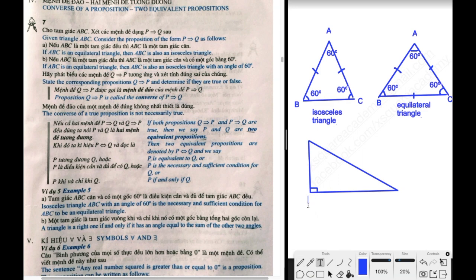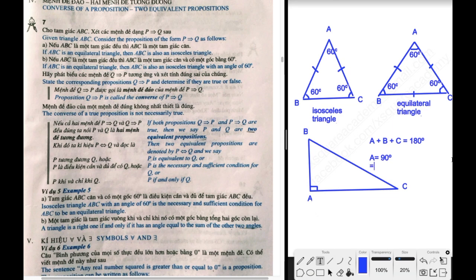So I can put the angles A, B, C. Firstly, we have angle A plus angle B plus angle C equal to 180 degrees. So if the first angle A equals 90 degrees, we infer angle B plus angle C is equal to 90 degrees too, so A equals B plus C. So easy.